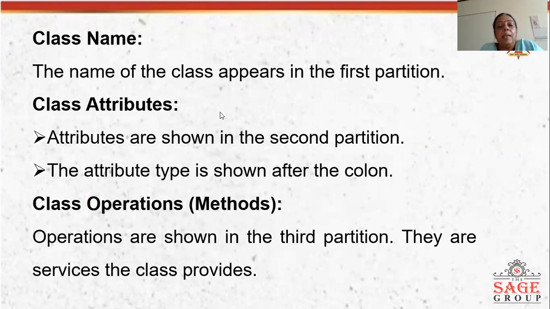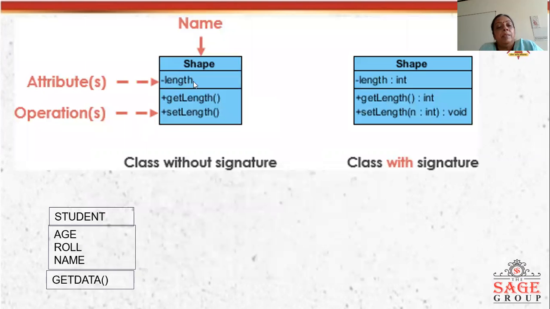Now, the class name goes in the first partition, attributes in the second, and operations in the third. You can draw your UML diagram of a class with signature or without signature. For example, you can see here the name of the class is Shape. Now the attribute of the class is length.